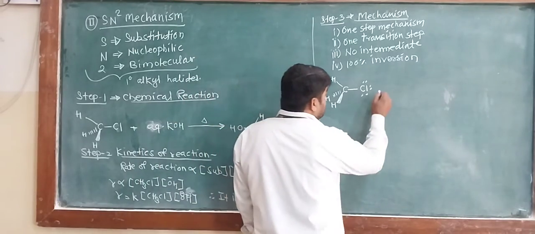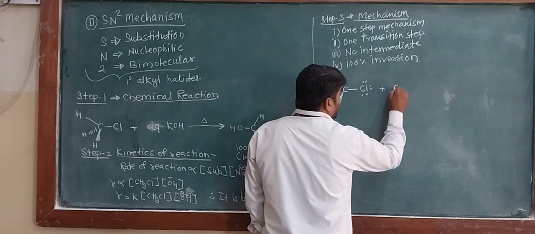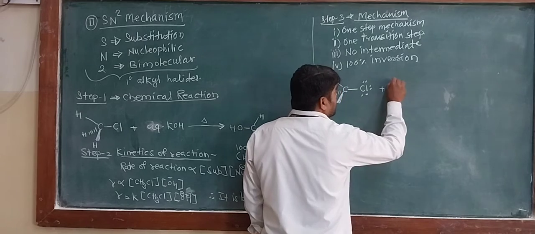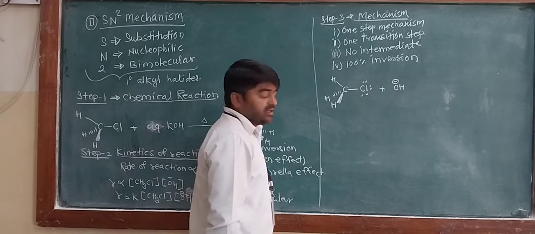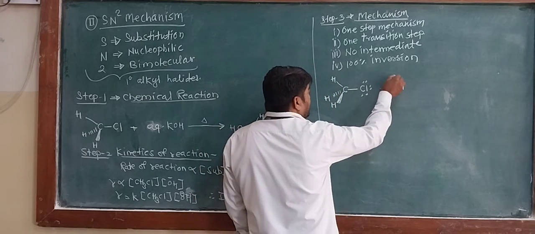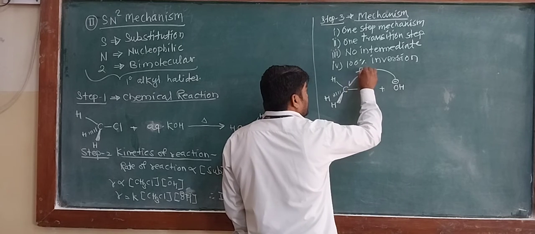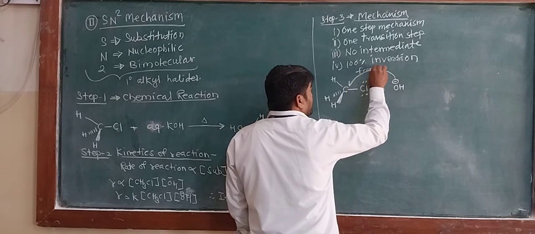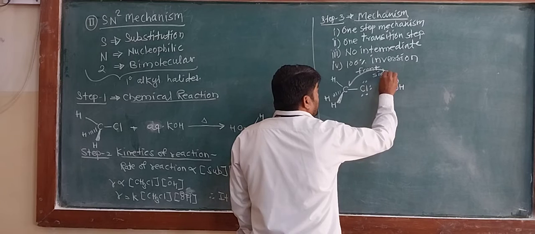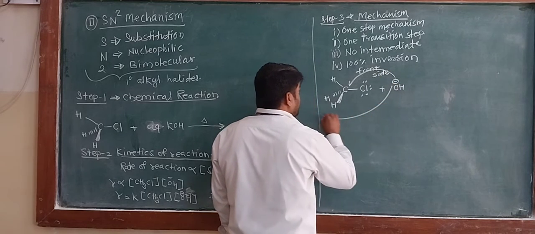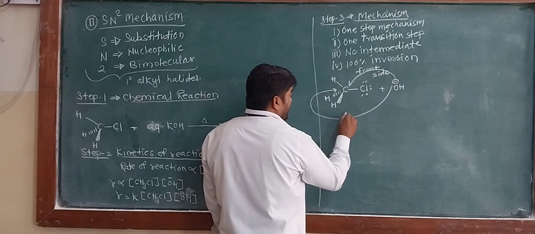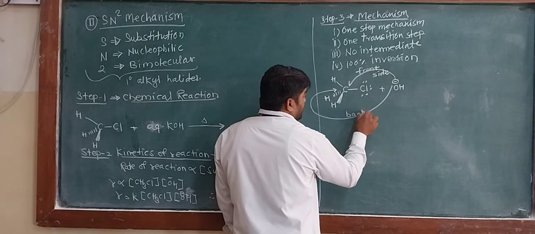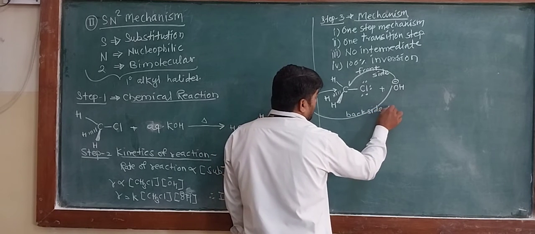Here the nucleophile is OH minus ion. So OH minus ion can attack from the front side, or the second possibility is attack from the back side. So it is called a back side attack.